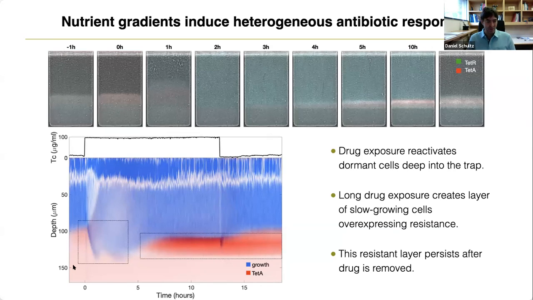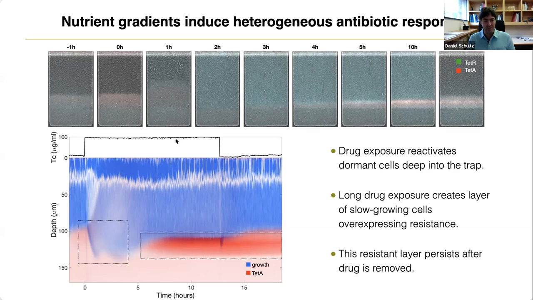So here's a kymograph. On the x-axis we have time, and this is depth of the trap. In blue, we have growth, and in red, expression of resistance. And you can see both this activation of dormant cells at the bottom in the beginning of exposure.